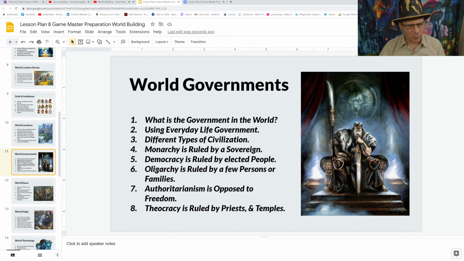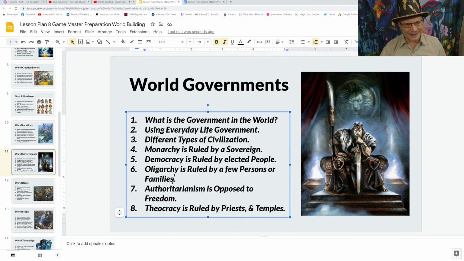World governments. What is the government in the world? Using everyday life government, yes. Different types of civilization. The monarchy is ruled by a sovereign, so that's one of the ones I discussed. Democracy is ruled by elected people, so we've had this before. Oligarchy is ruled by a few persons or families, and I was trying to think really hard about what is a good representation and explanation of what an oligarchy is.